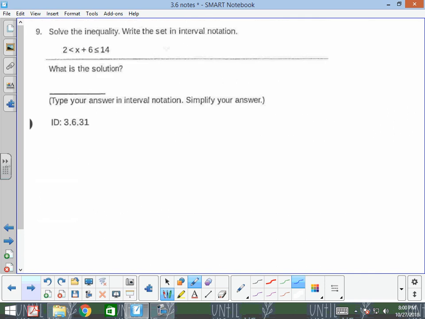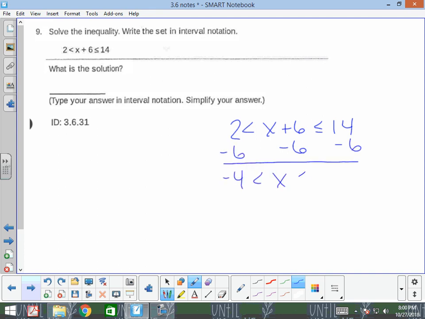All right, number 9, another compound inequality to solve. Okay, so subtract 6 from the middle, the left and the right. Now notice this time it says that we want our answer to be in interval notation.